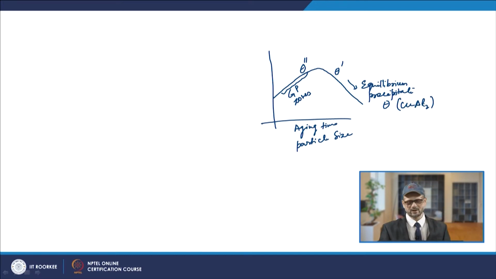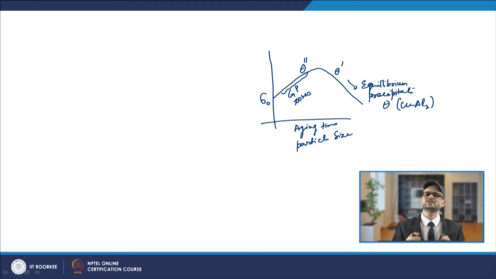Now, what is seen in this case is this is your sigma naught, and there is a variation of this sigma naught; it goes from sigma naught to theta double prime, and then from there it goes to theta prime, and then further it comes to the equilibrium phase, that is theta.